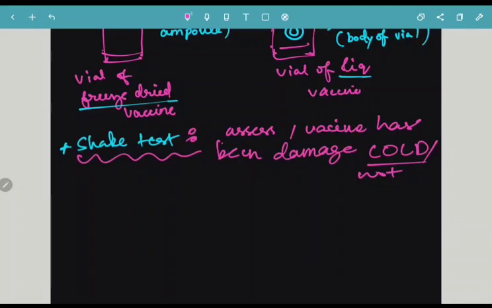And if you want to know whether the vaccine has been damaged by cold or not, then you need to do the shake test. The shake test also reflects the potency of the vaccine.